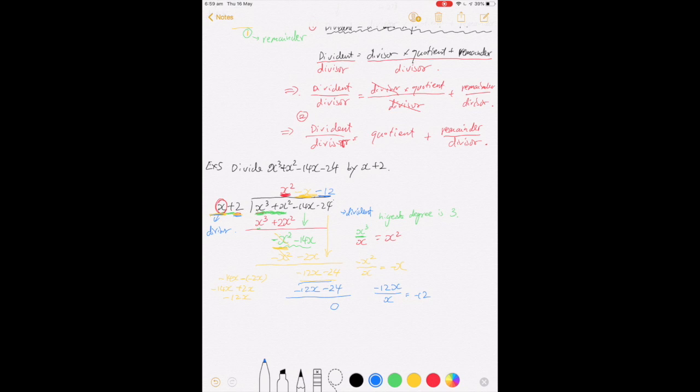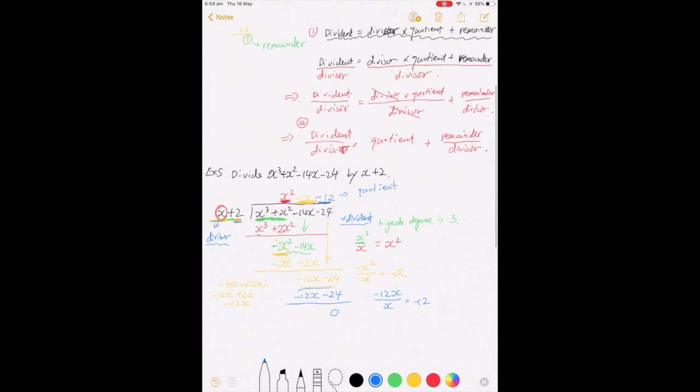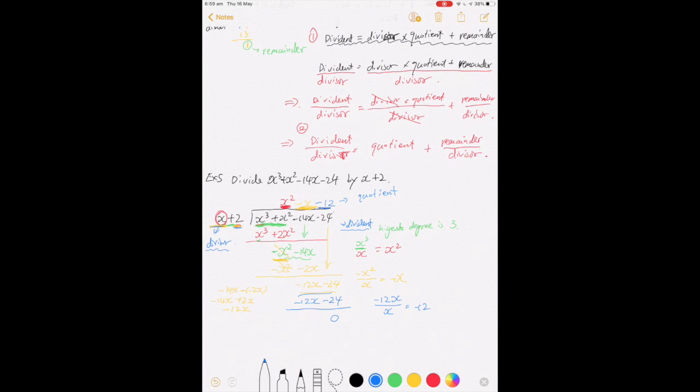Alright, so now come to this part, and we know this is dividend, this is divisor, and this is your quotient. So if you have a look at the form that we got here, we can write dividend x cubed plus x squared minus 14x minus 24. This is my dividend.